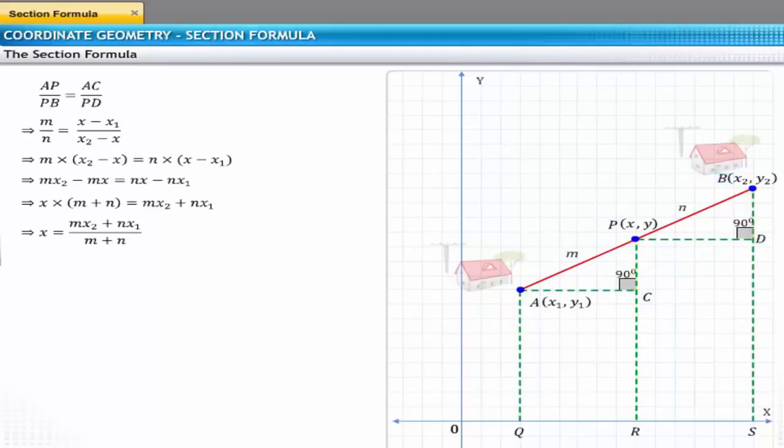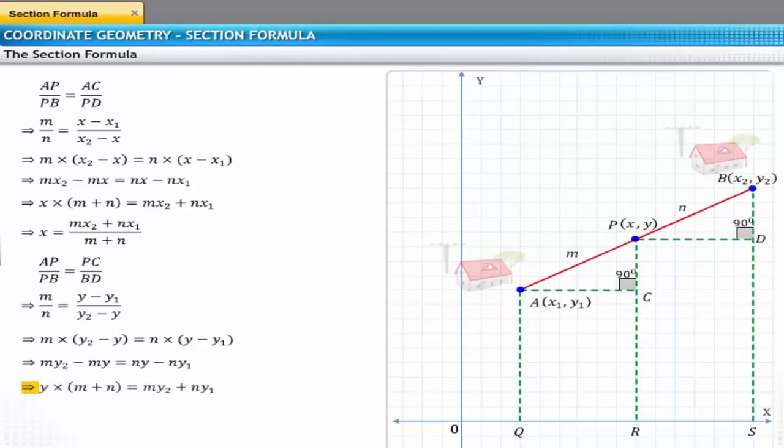From equation 1, AP divided by PB is equal to PC divided by BD. Rearranging the expression, you get y multiplied by m plus n is equal to my2 plus ny1. On simplifying, you get y is equal to my2 plus ny1 divided by m plus n.